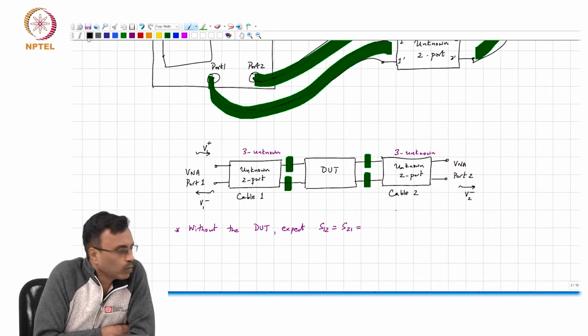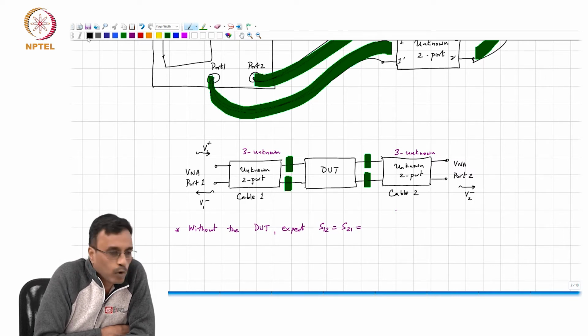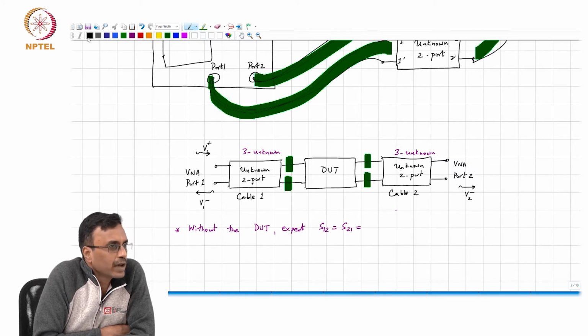What is S12, and in English what is S12 or S21? Yes, okay. So S12 is the effect of an excitation at port 2 on the response at port 1, and vice versa. So what do you expect to see ideally?